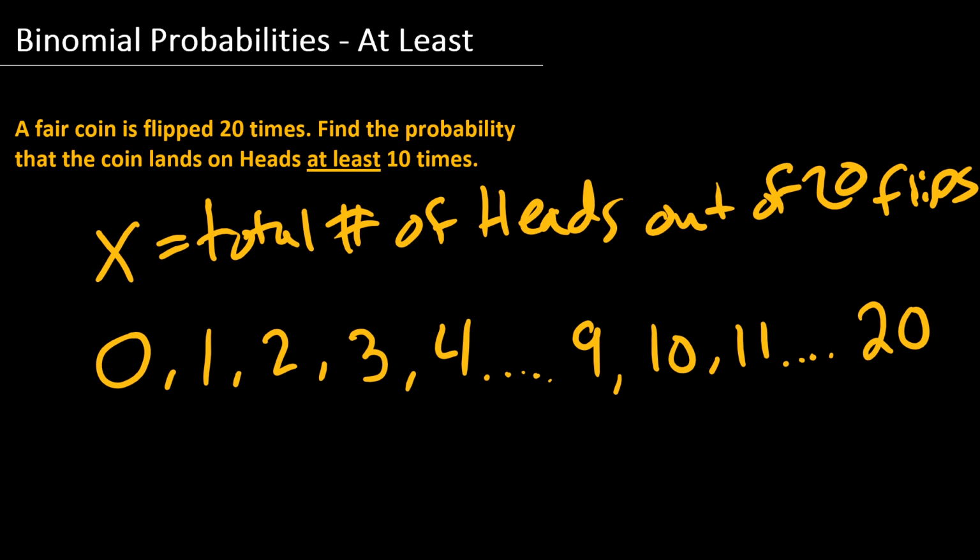What if I asked for at least $10, and you gave me $10 exactly? Yes, that is. So 10 heads is at least 10. What about 11? Yes, all the way up to 20. If I got a head every single time I flipped that coin, 20 heads, that is at least 10 heads.